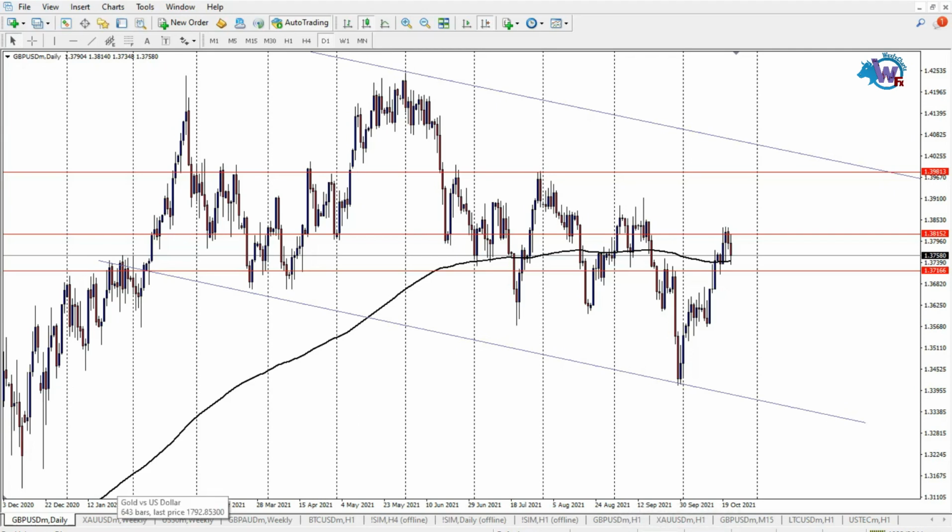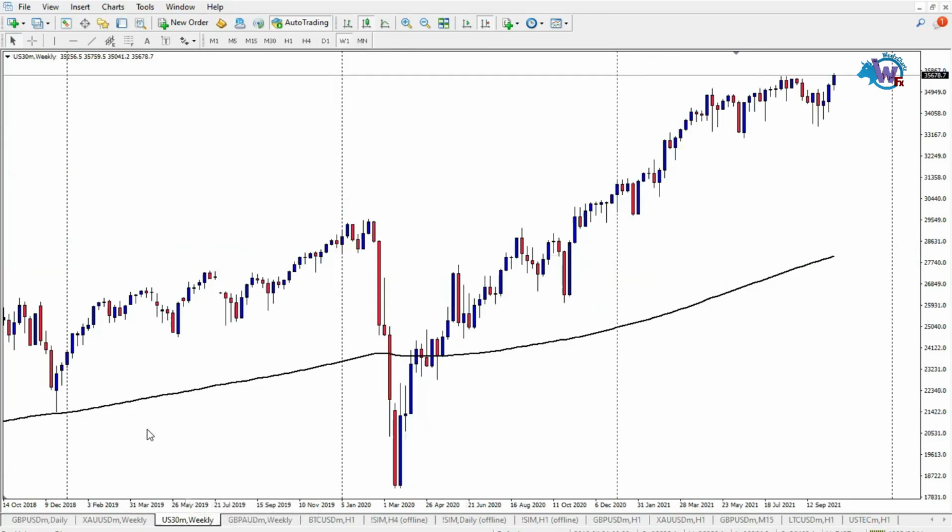Now, on to the next pair. We're going to be taking a look at US30. US30 currently, as you can see, has been trading bullish. It's been trending in the bullish direction.